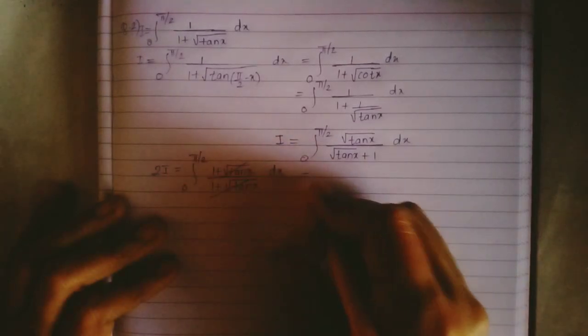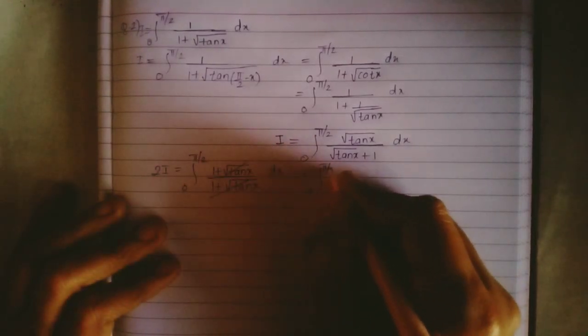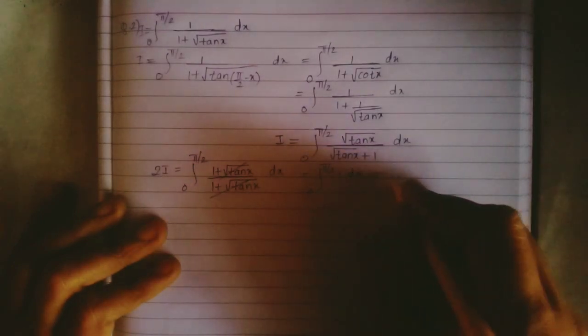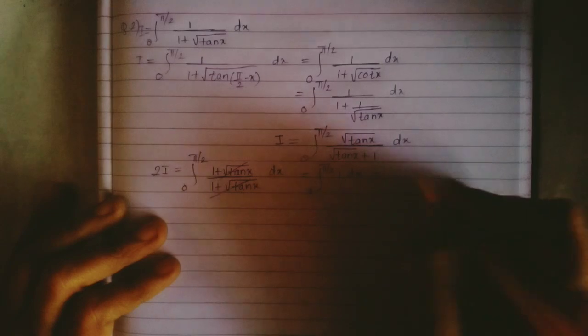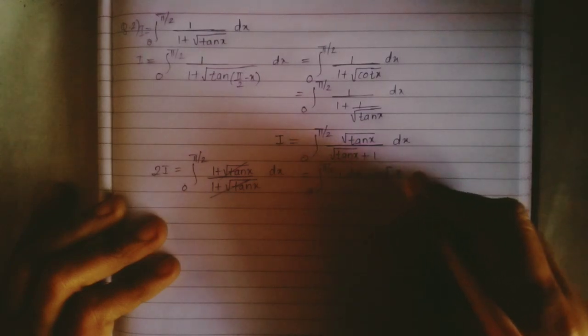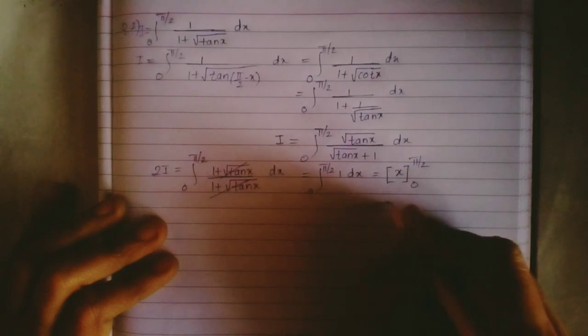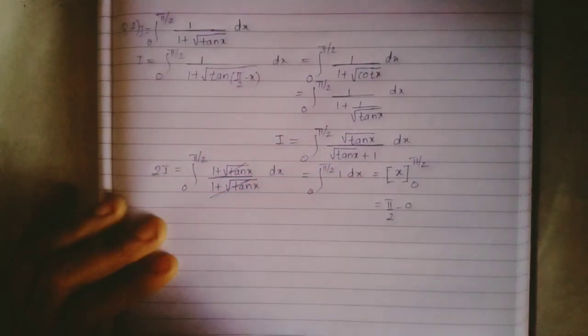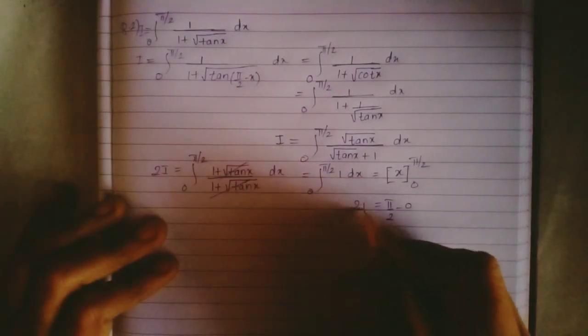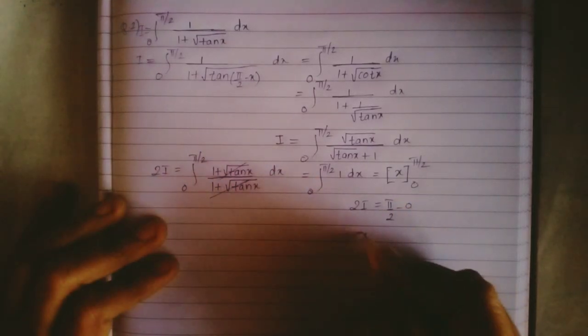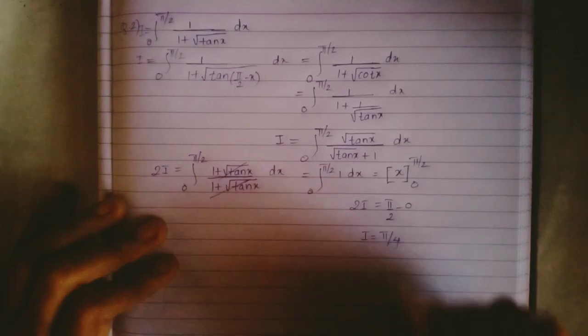So you'll get 1, so you have to integrate 1 dx, which is x, from 0 to pi by 2. So you'll get pi by 2 minus 0, which is pi by 2, and we have 2I here, so this 2 goes there, and we get I equal to pi by 4.